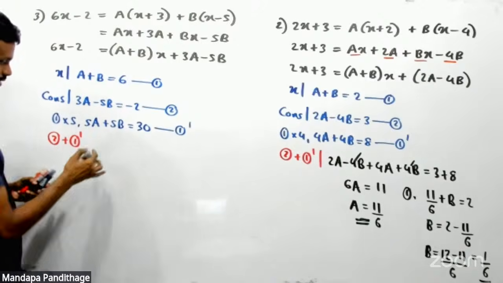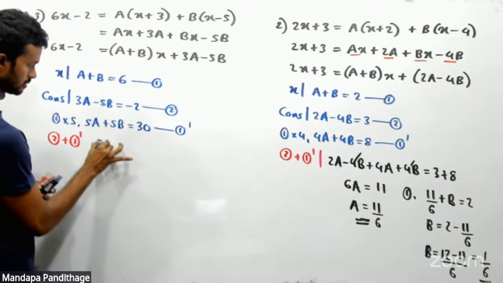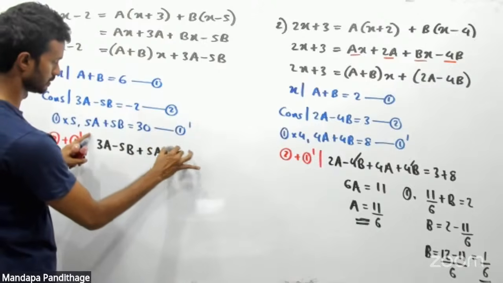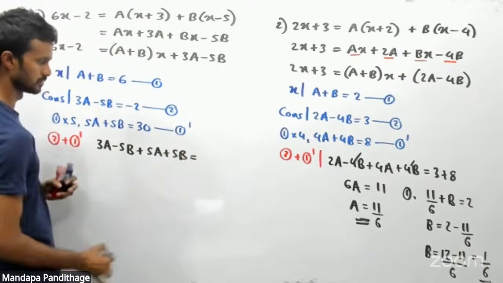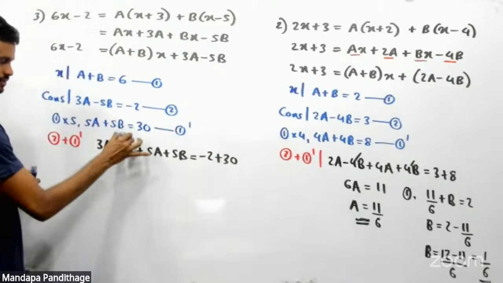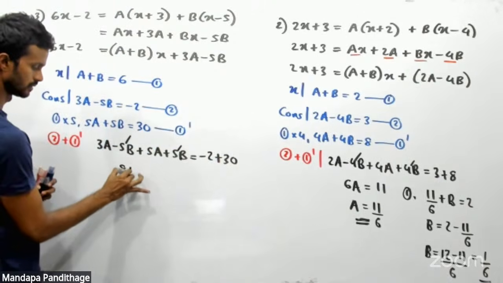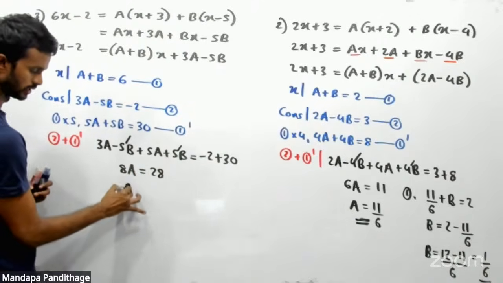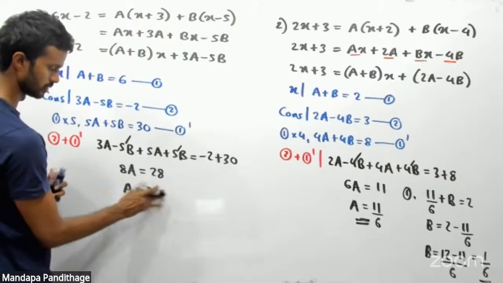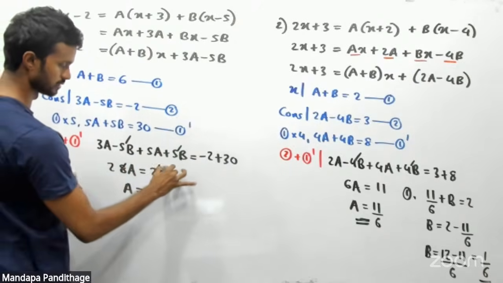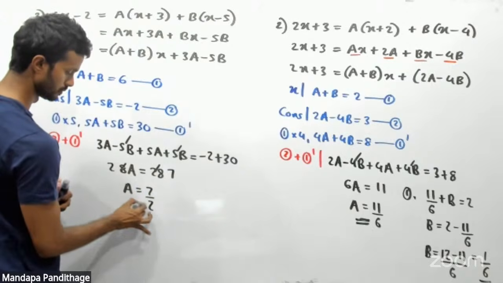When you add these two, you get 3a minus 5b plus 5a plus 5b, which is equal to minus 2 plus 30. So these two cancel off, giving you 8a is equal to 28. So a is equal to 28 over 8, you can simplify, 7 over 2.